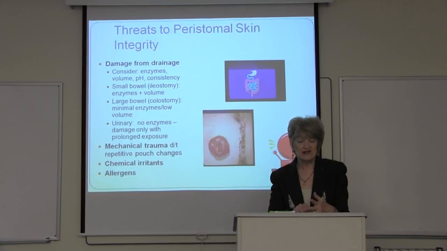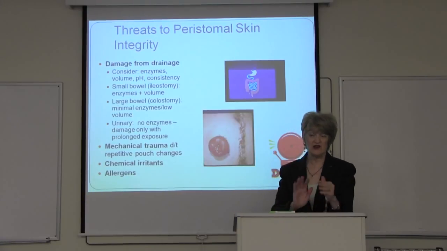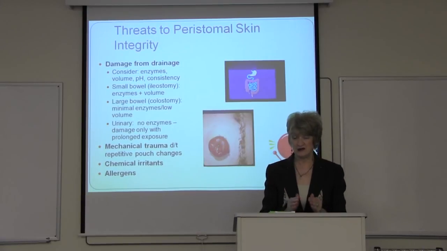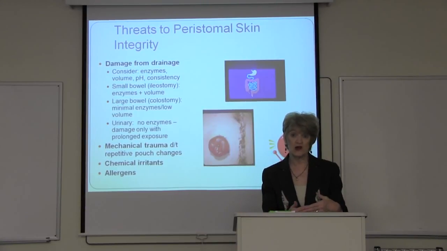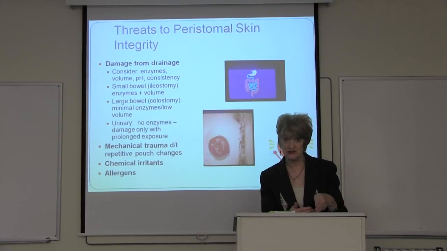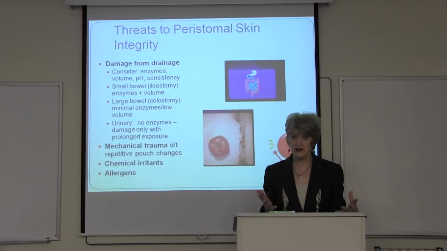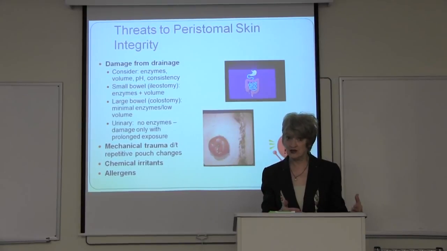The second thing we have to think about is pH. The skin, as you know, is very slightly acidic. If you have drainage that's highly acidic or drainage that's highly alkaline, that's going to be more irritating to the skin because there's a greater deviation between the pH of the drainage and the pH of the skin. Two things to think about specifically: gastric output.